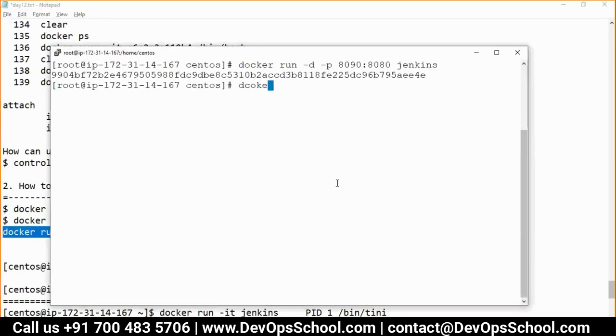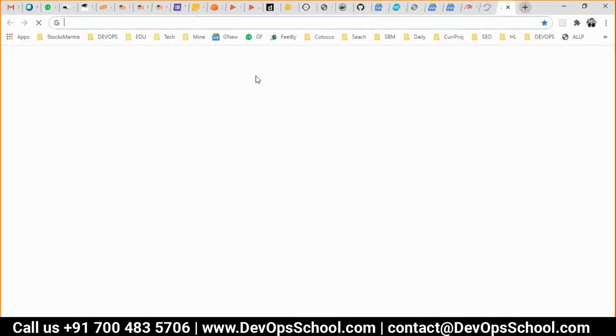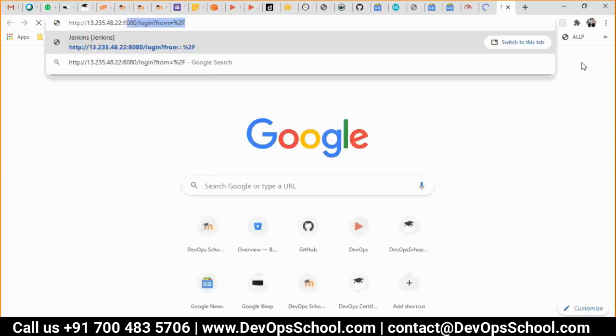See, second container, 8090. And the second container is 8090.